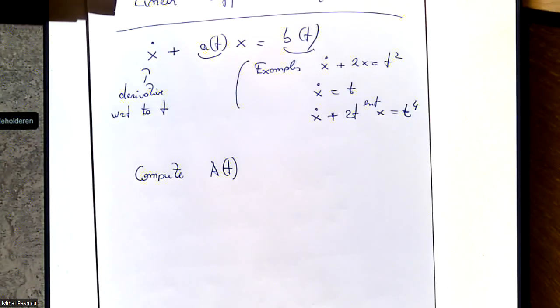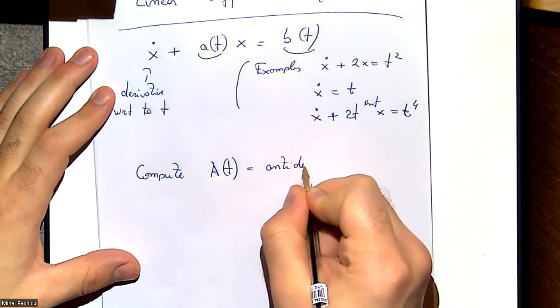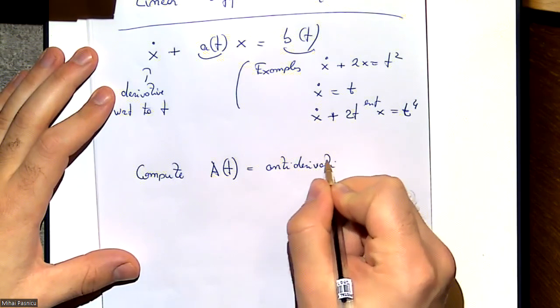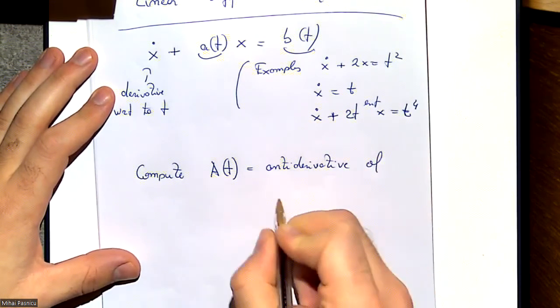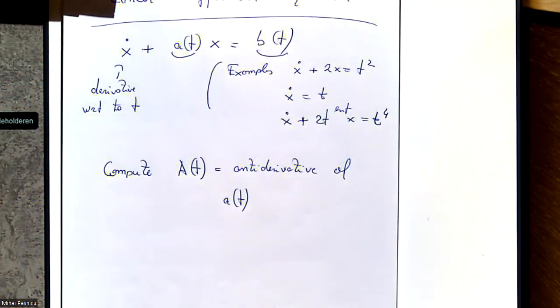What is big A of t? Well, you guessed it: the antiderivative of a(t). That's why I said all differential equations are just undercover integrals. Literally, when you see a differential equation, you just got to compute an integral.